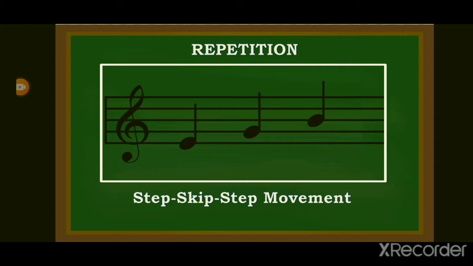If you notice again the following steps in the musical staff, it is a movement of step, skip, and step. Like 1, 3, up to 4 count, going up, step, to skip, and to step movement.